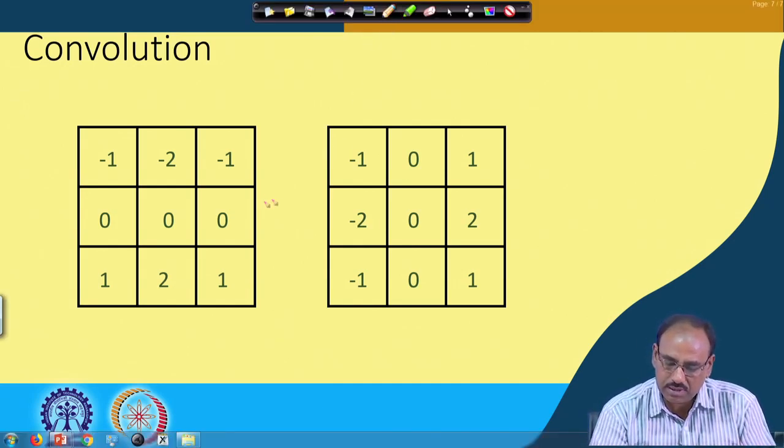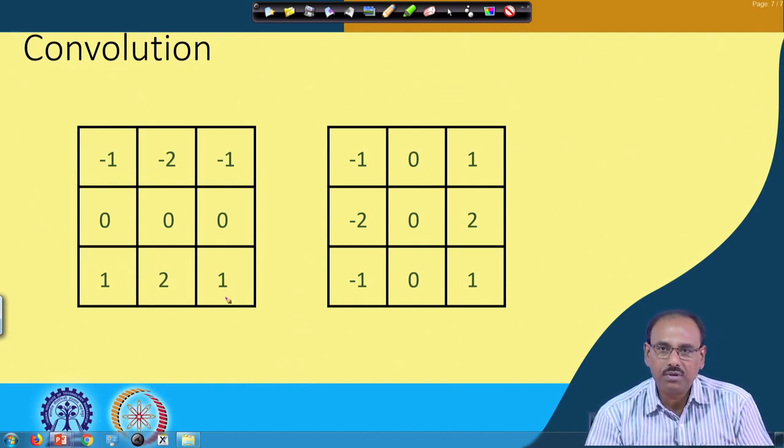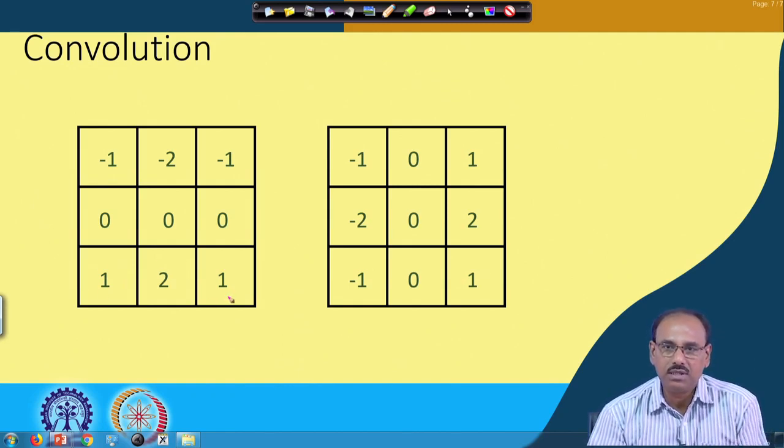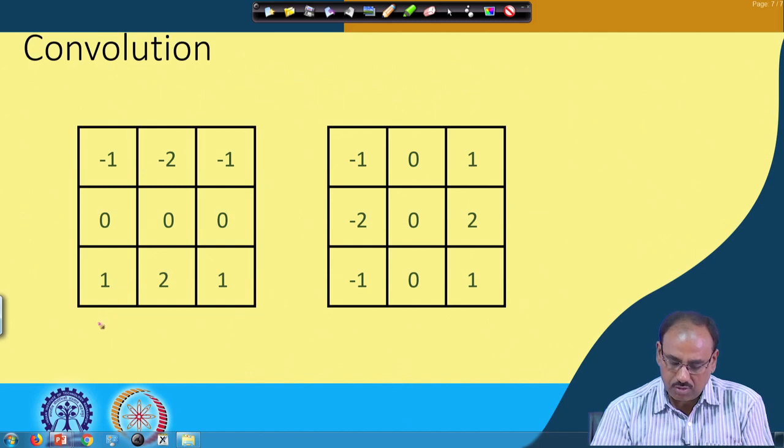You find that in the first case, this particular impulse response, come to this last row. What does it do? It does a weighted sum of the inputs of 3 consecutive pixel values in a particular row. So, suppose here I have a pixel location, say x k minus 1, this is xk, and this is x k plus 1.